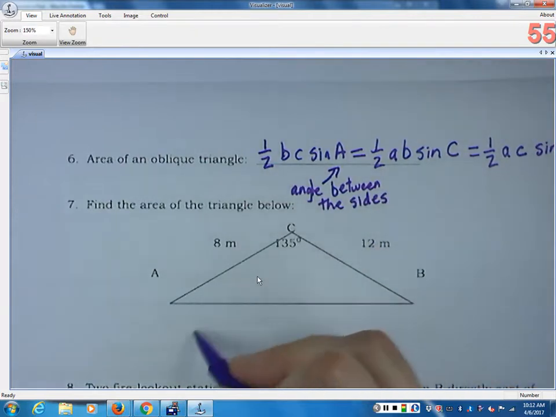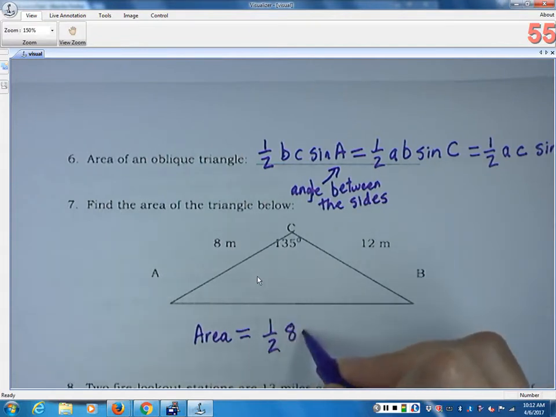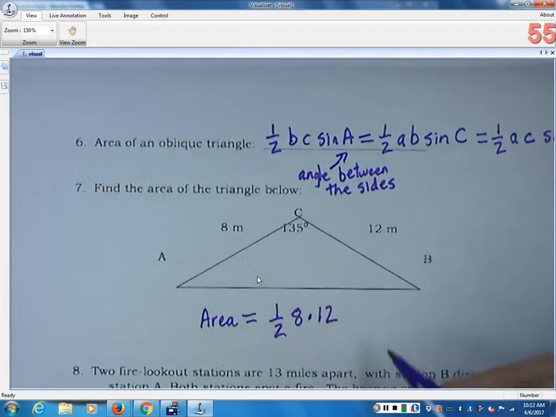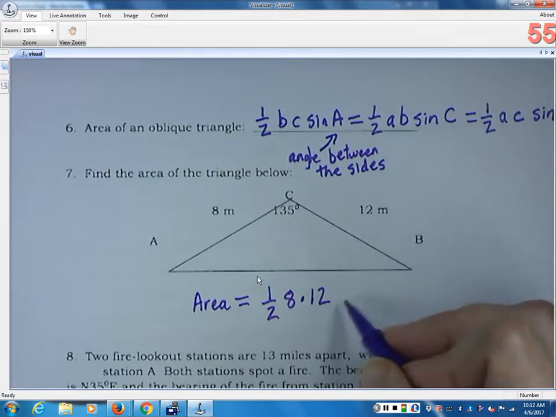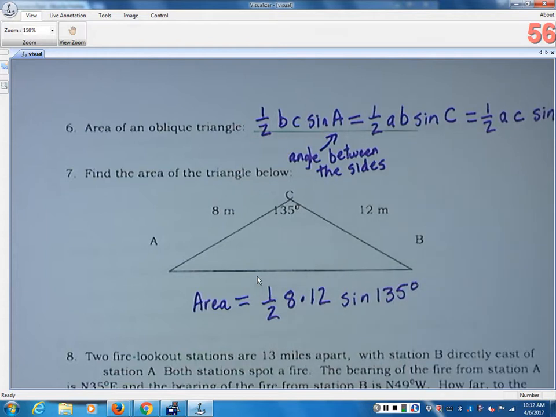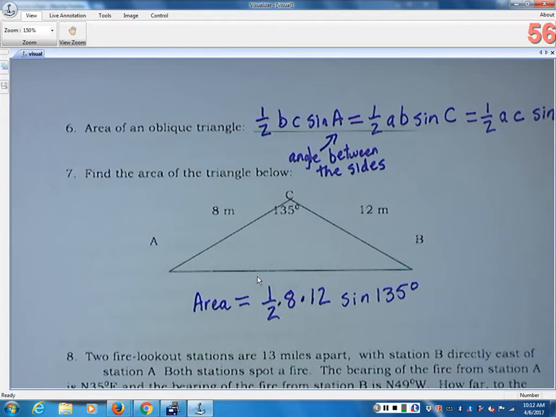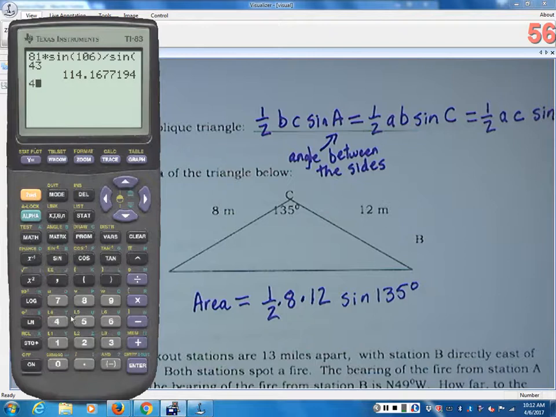So the area is 1/2 the two sides multiplied together, and they're in meters, so we're going to get square meters, times the sine of 135 degrees. 4 times 12, that's 48. You get 48 sine 135.